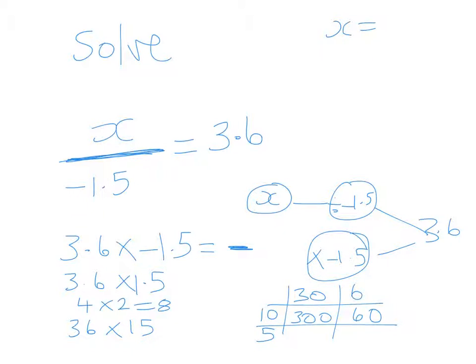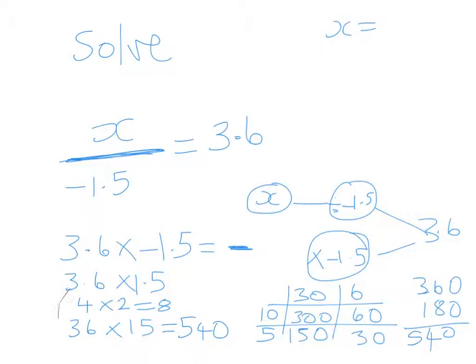360, 150, 30. So I've got 360 plus 180, which is 540. So this is 540, but I multiplied by 10 here and 10 here.